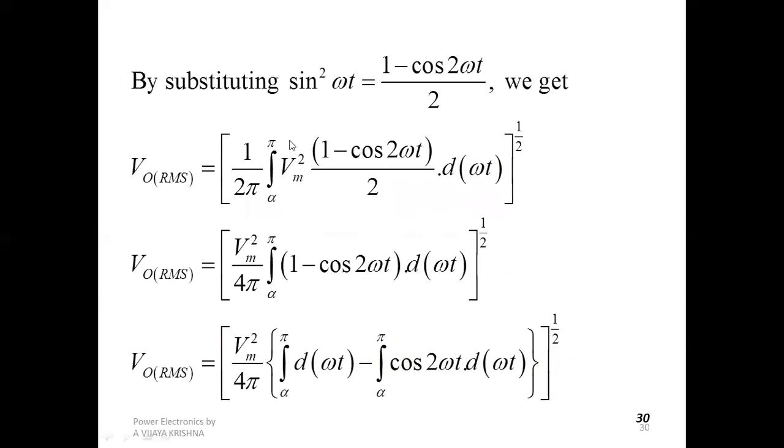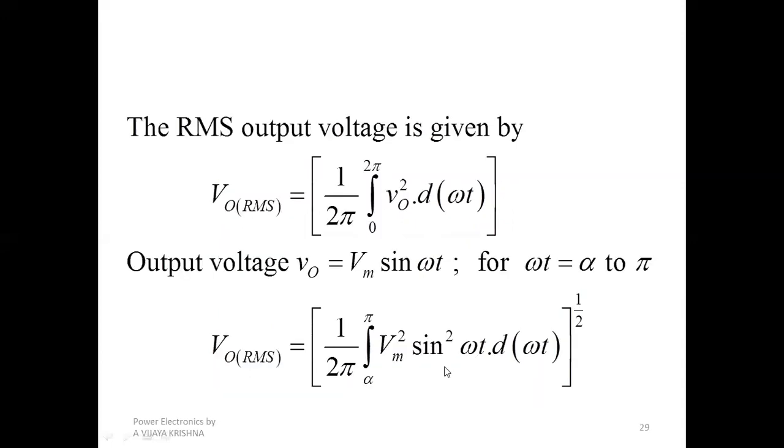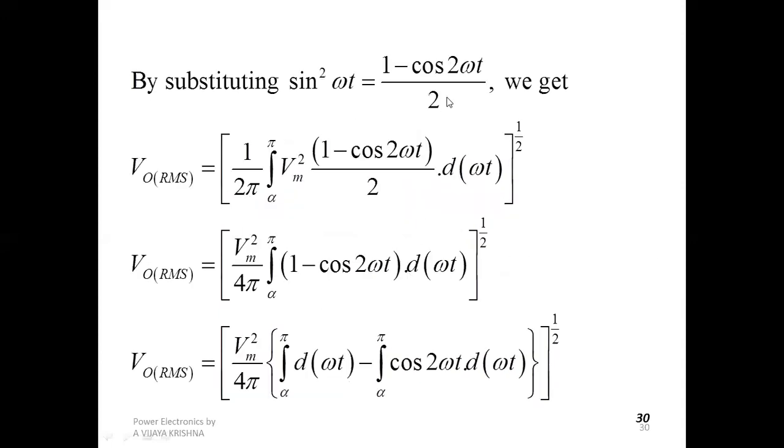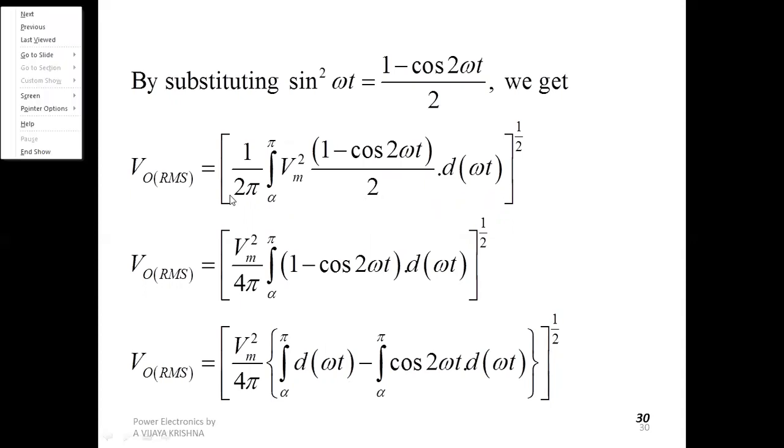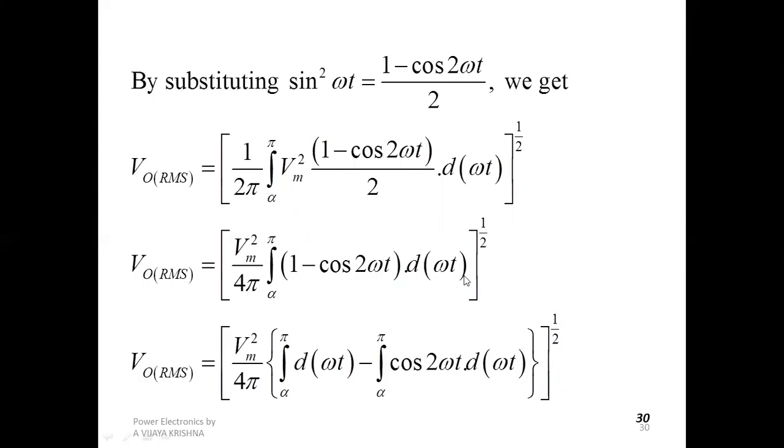Next, by substituting sine square theta equals 1 minus cos 2 theta by 2, sine square omega t equals 1 minus cos 2 omega t by 2. We substitute this in the expression and bring the constants outside the integral: 1 by 2 pi times 1 by 2 gives 4 pi, and Vm square by 4 pi, integral alpha to pi of 1 minus cos 2 omega t d omega t, under root.